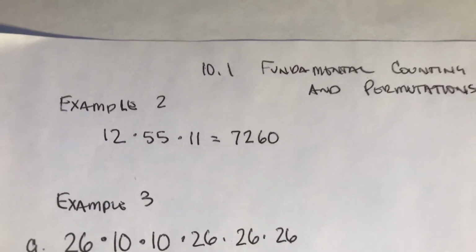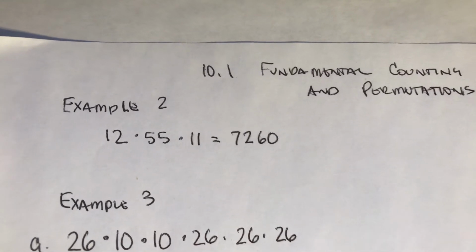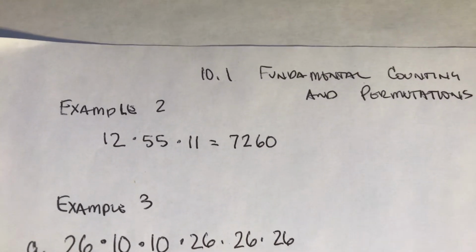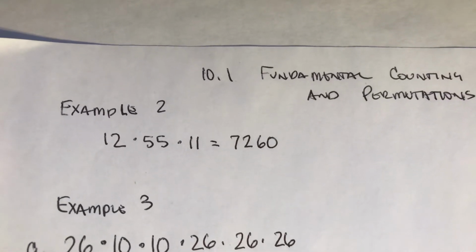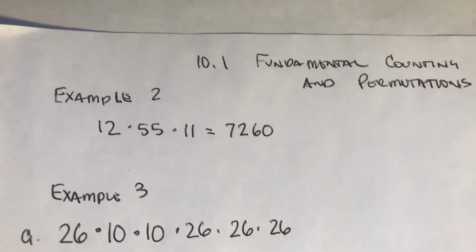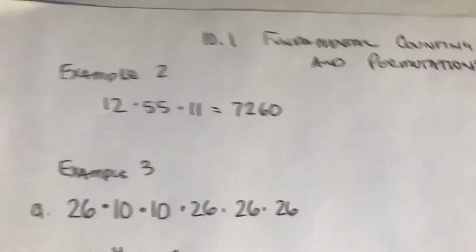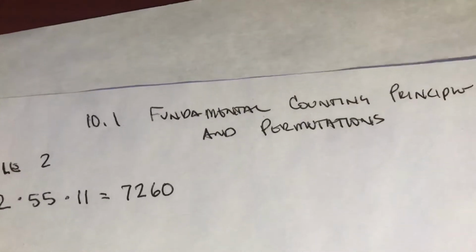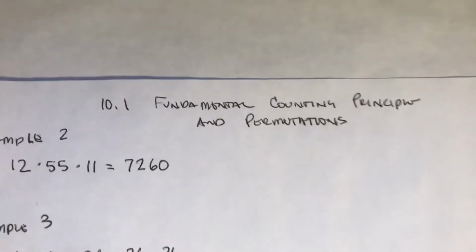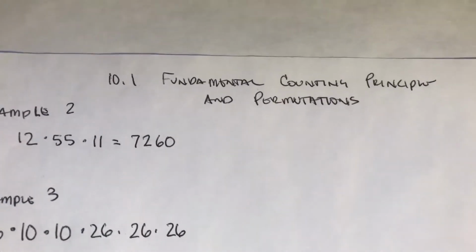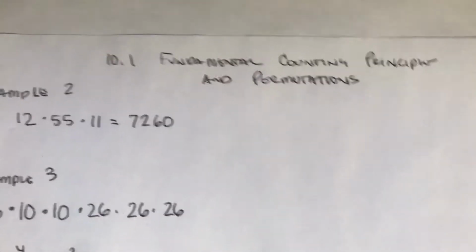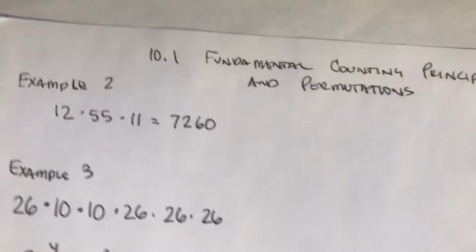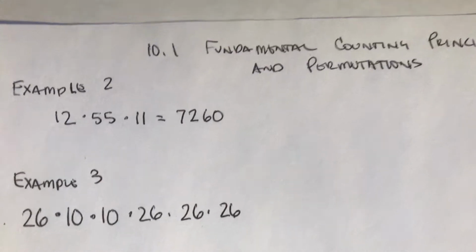So to get the total number of ways you can frame the picture, you take the 12 ways you can pick a frame, the 55 different colors of the frame, and then the 11 different shades of blue, and you multiply them together. So the fundamental counting principle simply states that if you are finding the total number of ways of doing things, then you take the total number of each different way and multiply them together.